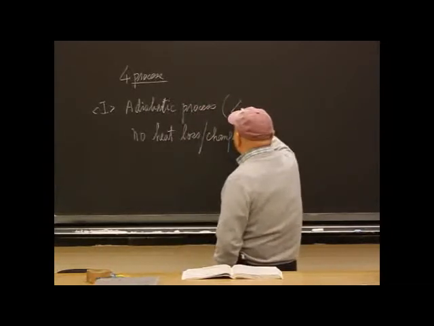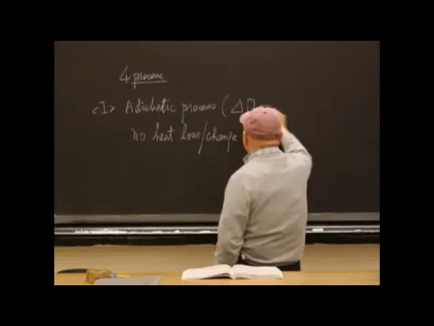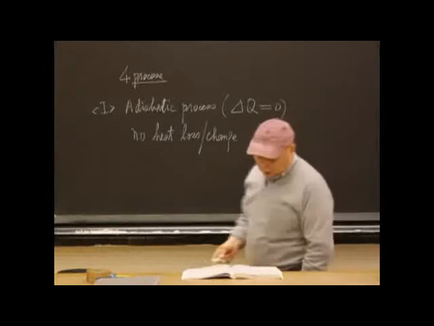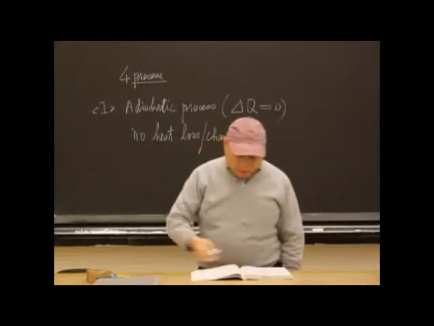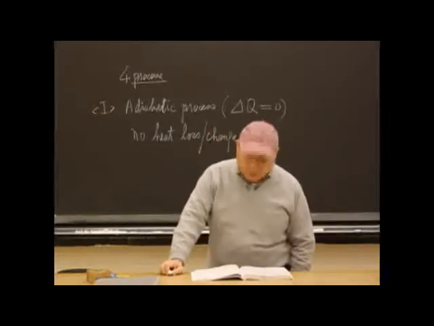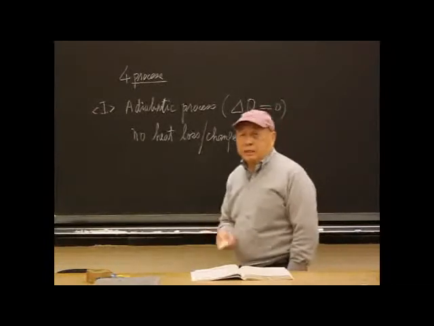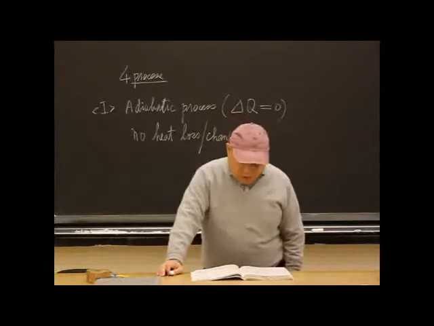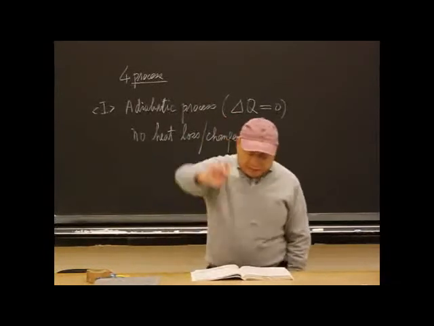What it means is delta Q equal to 0. So this is what they call the adiabatic process. That makes the system cycling.